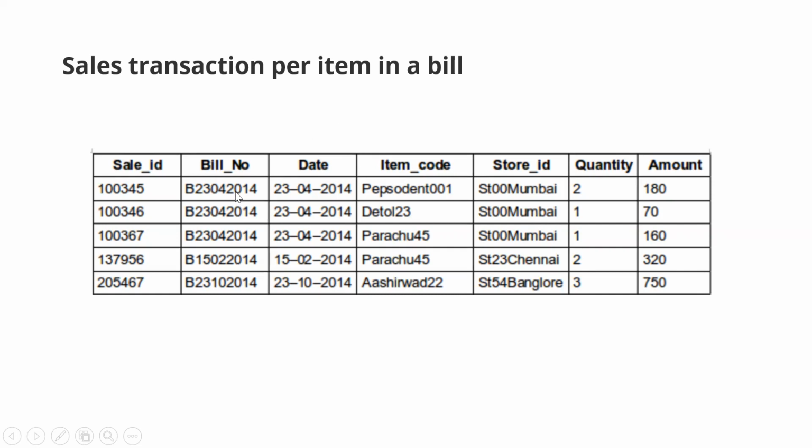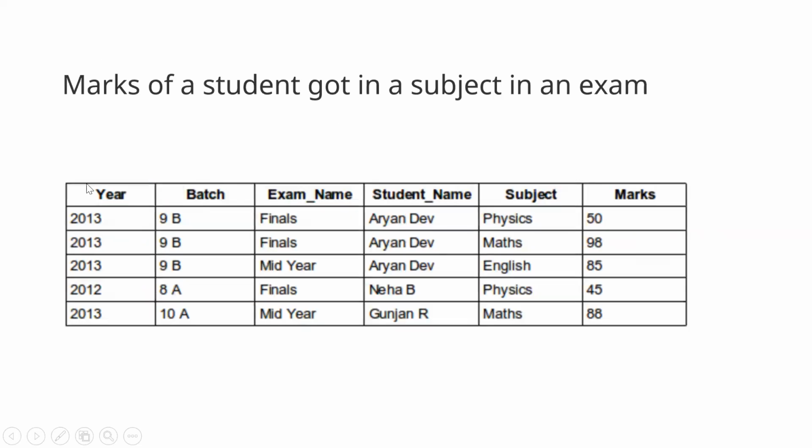Moving to another example. We have year, batch, exam name, student name, subject, marks. Here, what should be the grain? Marks a student got in a subject in an exam. This is the grain, meaning what a particular row signifies in the fact.